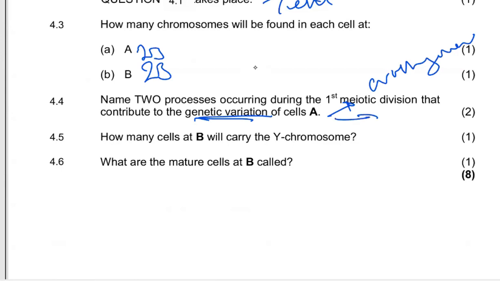The second one is random arrangement of chromosomes during metaphase. Remember, there are more than two causes of variation: random arrangement of chromosomes during metaphase, random fertilization, random mating, and crossing over.